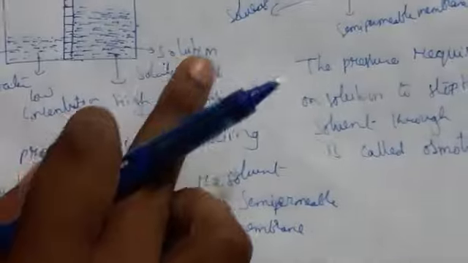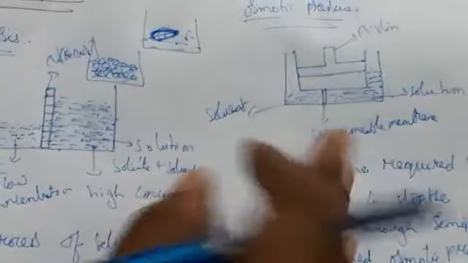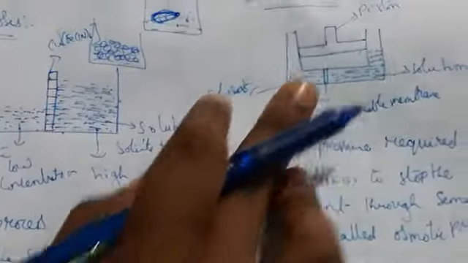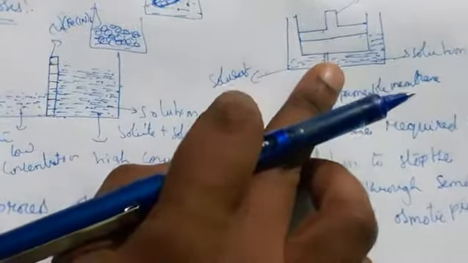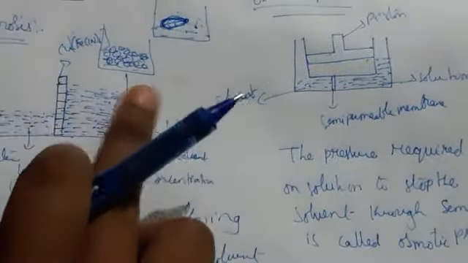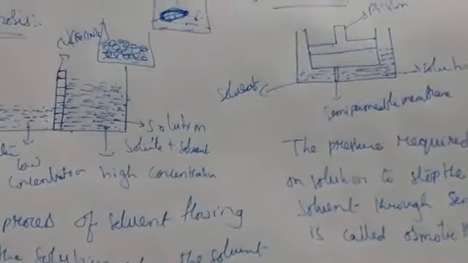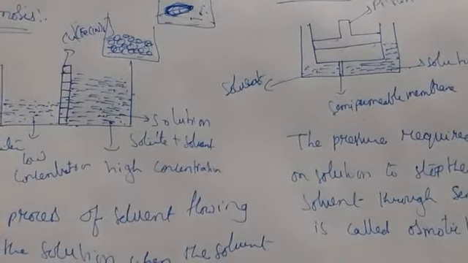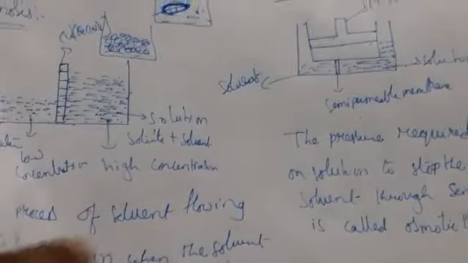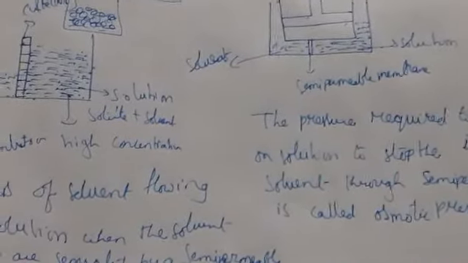If the applied pressure is higher than the osmotic pressure, here we were applying some pressure to stop the osmosis, but if more pressure is applied compared to the osmotic pressure, then the solution will flow through to the solvent. That one we call reverse osmosis. Let us take sea water into pure water. Conversion of sea water into pure water is an example of reverse osmosis.